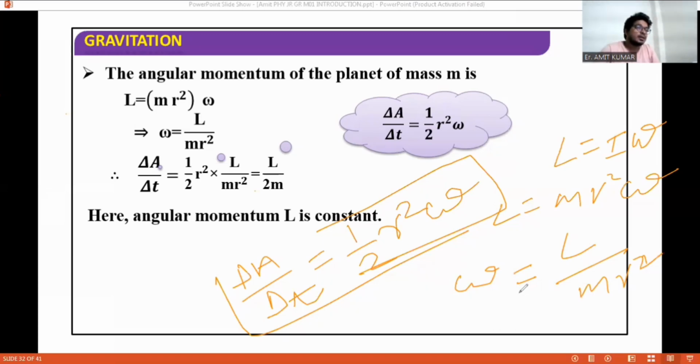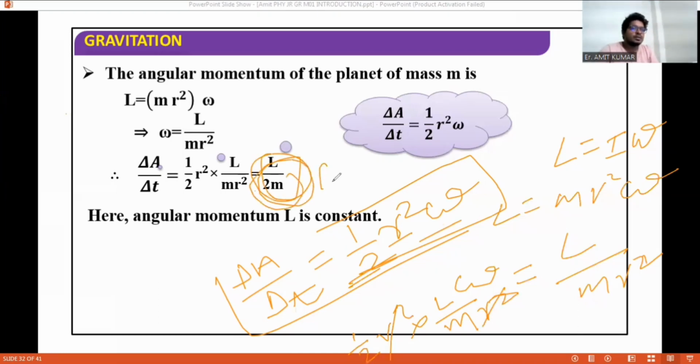So what is delta A by delta T? 1 by 2 R square omega, as I already derived. Can I put the value of omega here? The result will be 1 by 2 R square into L by m R square. R square cancels out, no term of R square remains. So it is L by 2m, and this is constant.